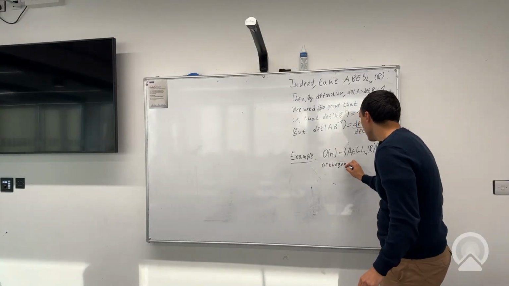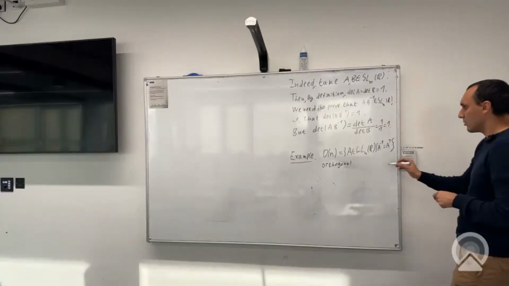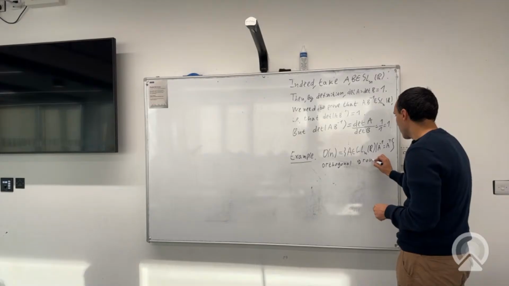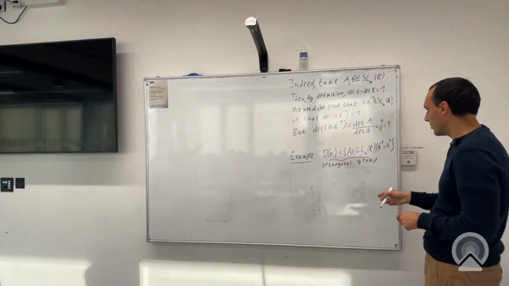This is the group of all motions plus reflections, all linear transformations that don't change distance. So this is a subgroup of the general linear group.